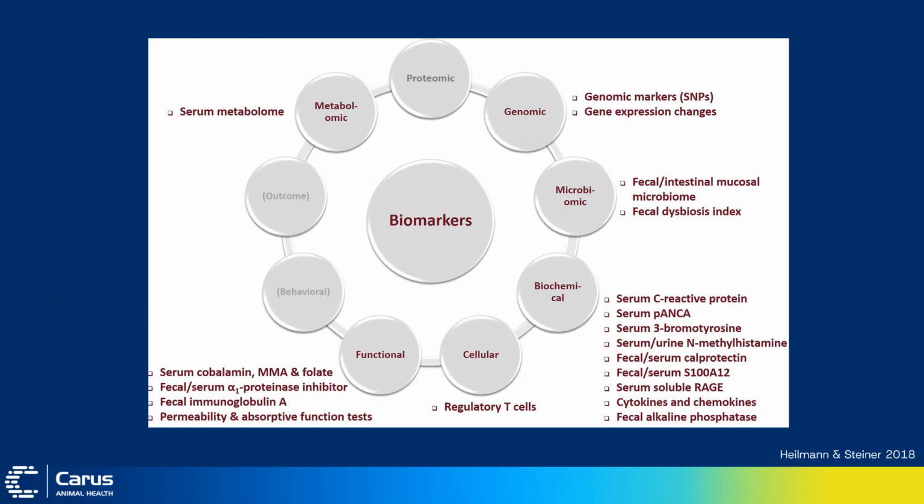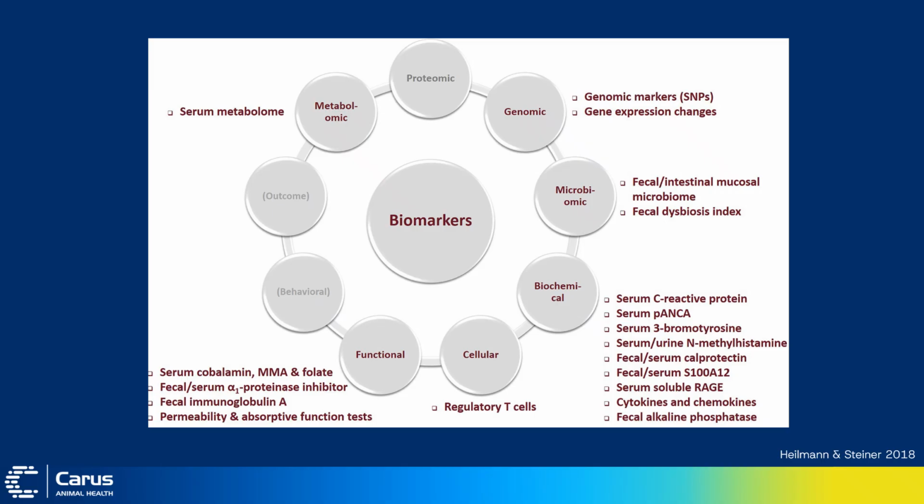As we'll be speaking about gastrointestinal inflammation and chronic enteropathies mainly today, you'll see on here some biomarkers that relate to chronic enteropathy. Some of them are used in general practice, such as serum cobalamin and folate, and some biomarkers you may see being used more in research settings, so the fecal dysbiosis index, C-reactive protein, MMA, and fecal calprotectin.